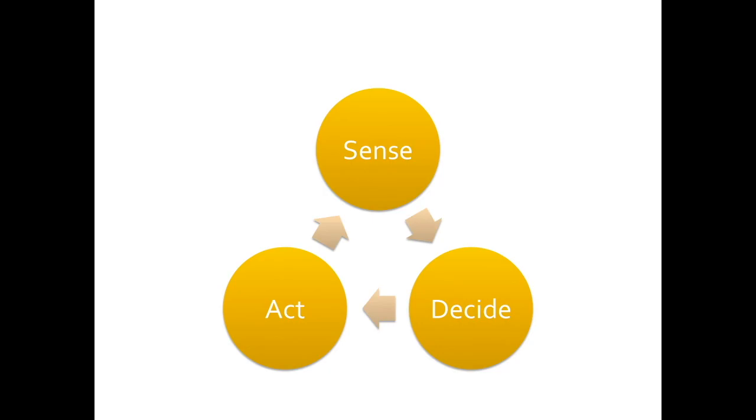Okay, so let's return to our standard loop. Even though we're talking at a strategic level, we're still going to consider this loop. The sensing is at maybe a higher level, a slower speed. Rather than trying to sense moment to moment, we look at the trajectory that our environment or the game is taking, and make larger decisions about how the players are positioned within the field, things like that.